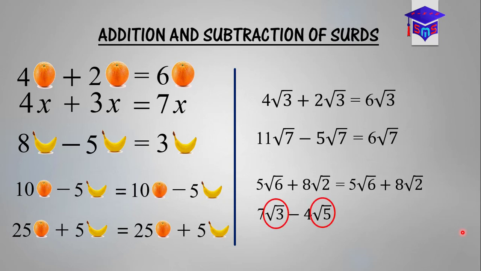Because the roots are not the same, you can never subtract them, and so you are having the same thing. 7 root 3 minus 4 root 5 is equal to 7 root 3 minus 4 root 5. Don't even worry yourself. And so we can conclude that only like surds can be added or subtracted. Only like surds can be added or what? Subtracted. Unlike surds like this can never be added to get a single unit.